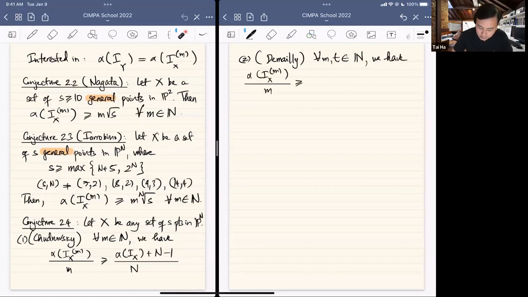This is at least, on the right-hand side now, he allows not just to take alpha of I of X, but again the symbolic t-th power of I of X, plus n minus 1. And the denominator is now changed to t plus n minus 1.